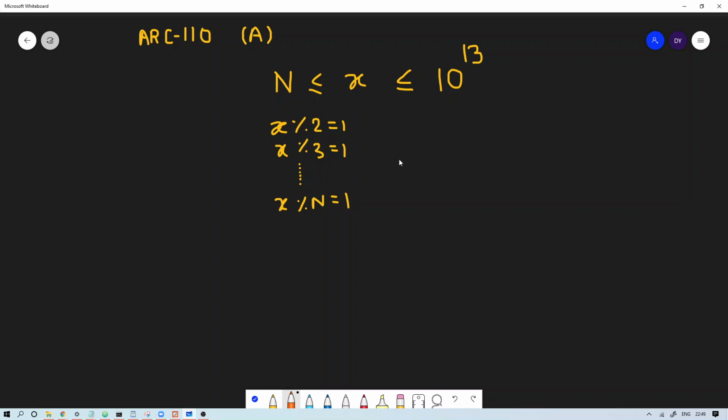So from this you can say that (x minus 1) modulus 2 will be 0, and similarly (x minus 1) modulus 3 will be 0, and so on till (x minus 1) modulus n.